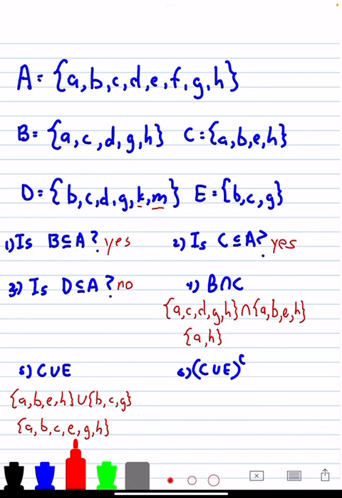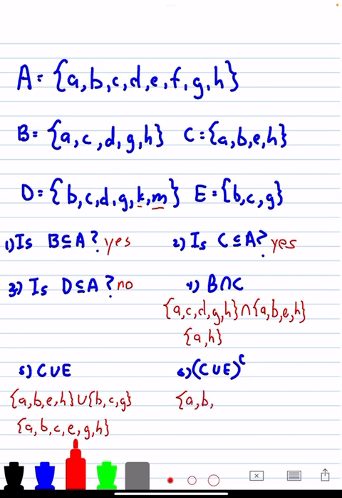And the last, we're going to do the complement. C union E complement. Now, this is a little bit different because we have to go back to the universal set. So we already have, and the universal set is the largest set A. Okay? So we already have C union E, and we're going to work parentheses, as we always have.